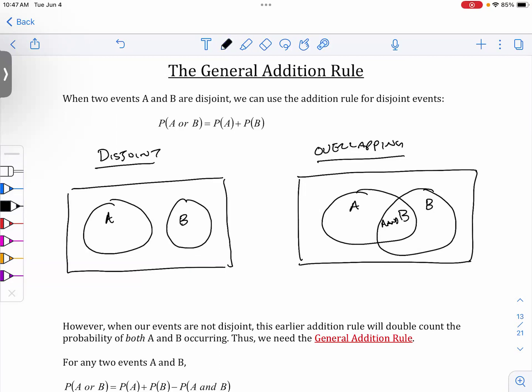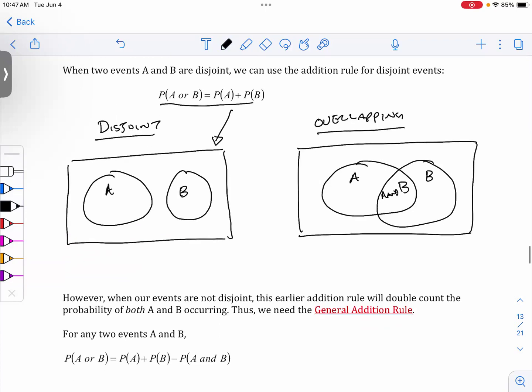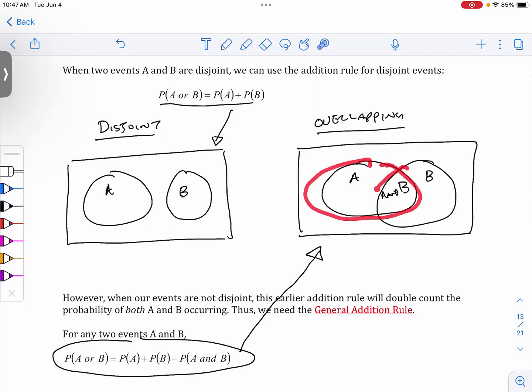They end up with two different probabilities for finding the or. In the disjoint case, it's simply, if I'm looking for A or B, I add the two together. In the overlapping case, you add the two together, but when you add the probability of A plus the probability of B, the middle piece got counted twice, which is why in the equation you subtract it out.